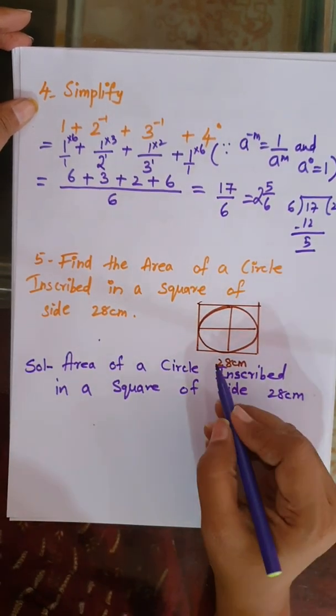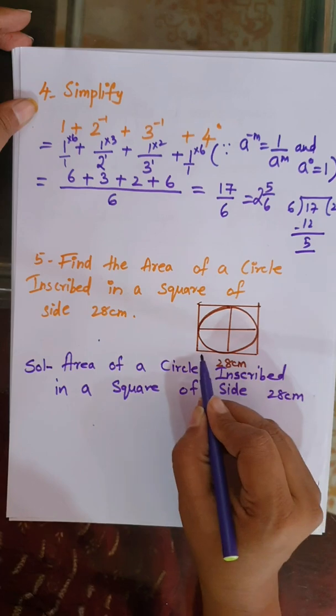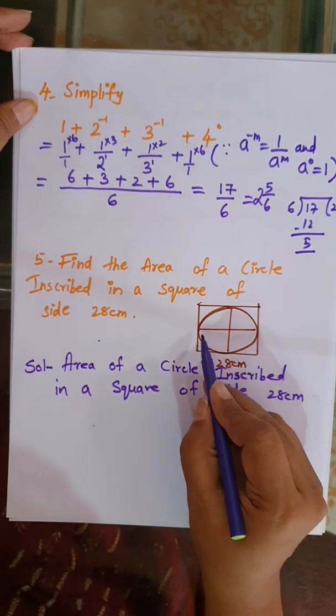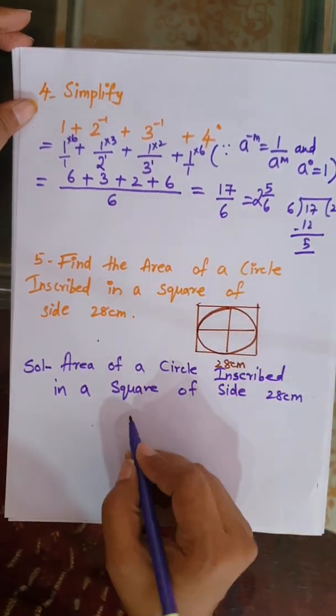Now this side is 28 centimeter. The side of the square is 28 centimeter, so the diameter of the circle is 28 centimeter.